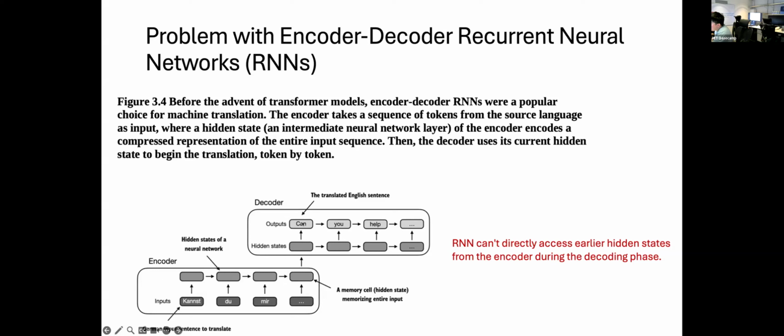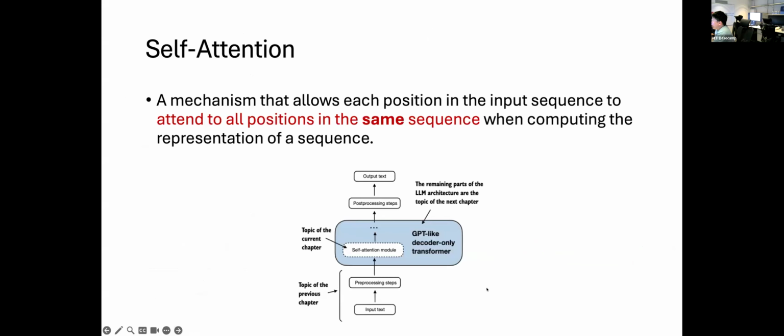The problem with RNNs is that the decoder doesn't have access to the earlier hidden cells. So the RNNs tend to forget the earlier context when the context is very long. That's why people then use attention mechanisms.